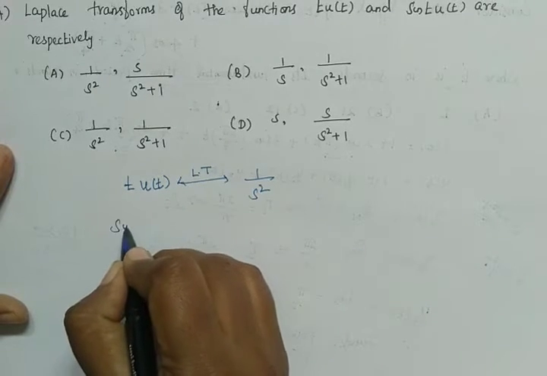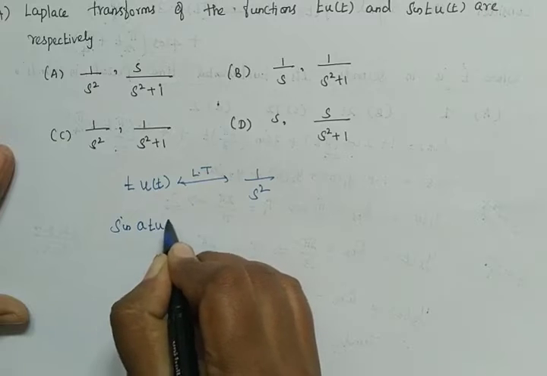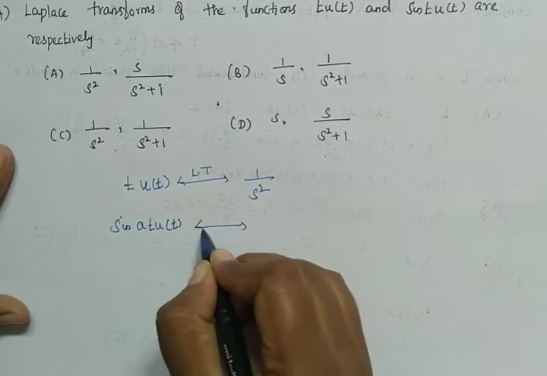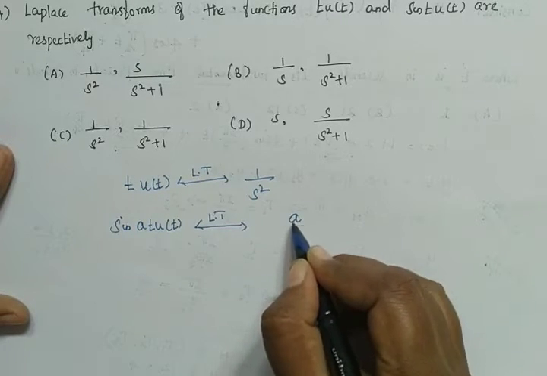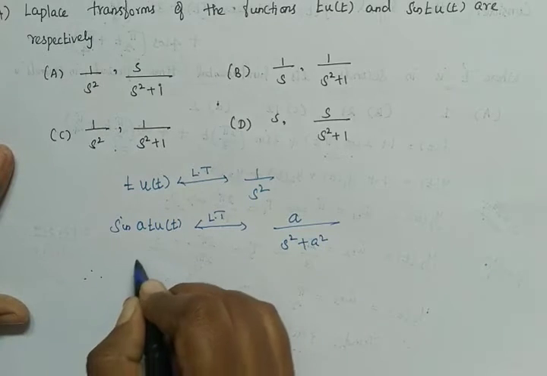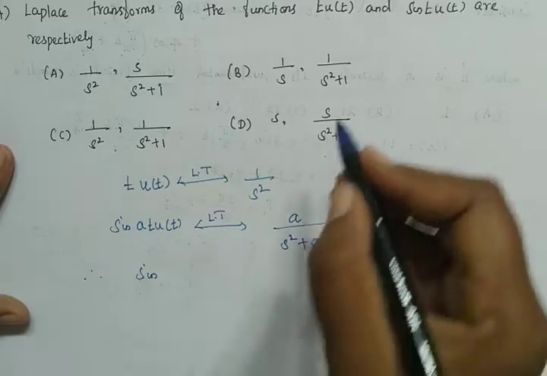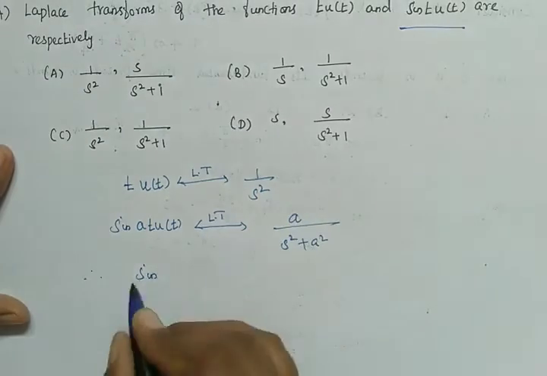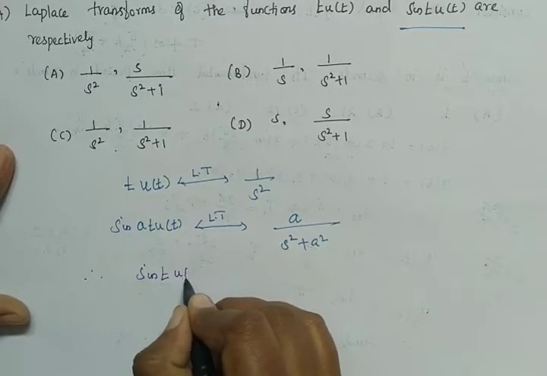Then what is sin a t u of t? If you take the Laplace transform of this, we will get a by s square plus a square, and therefore we can write sin t u of t, which is in the question.